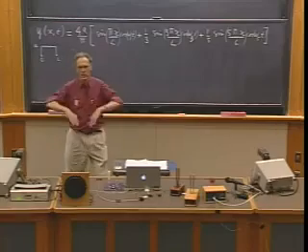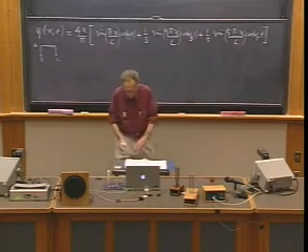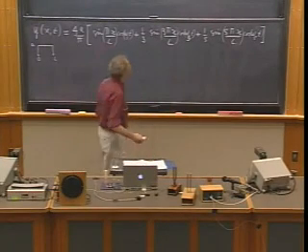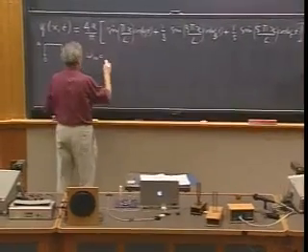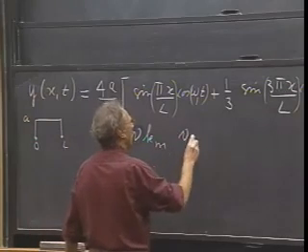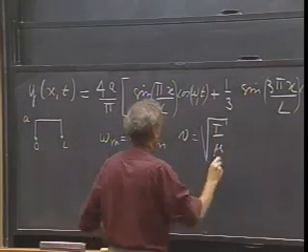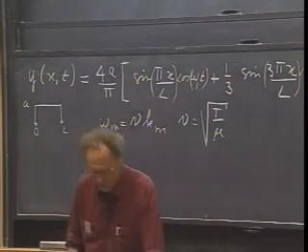And so each one of these are going to do this with their own amplitude and with their own frequency. And omega m is going to be v times k of m, and the speed of propagation is the square root of T divided by mu. And that's what's going to happen.